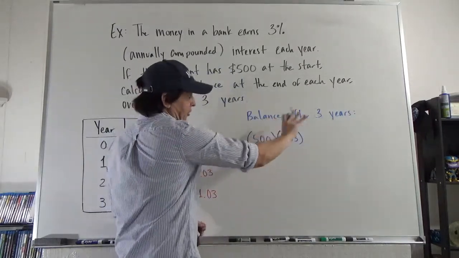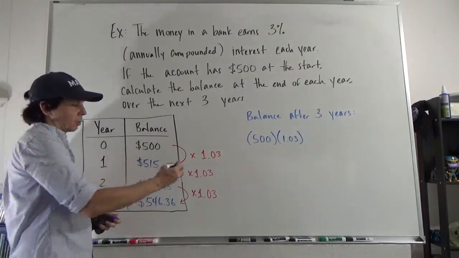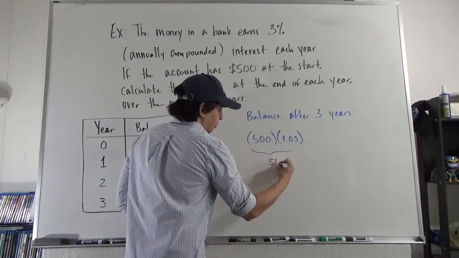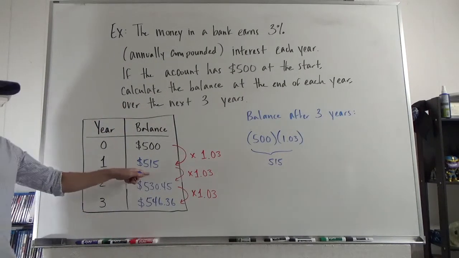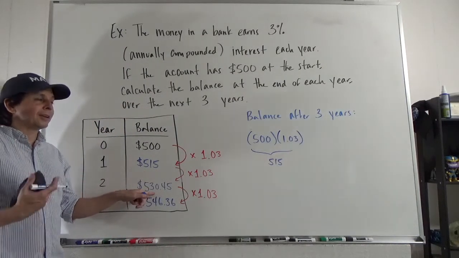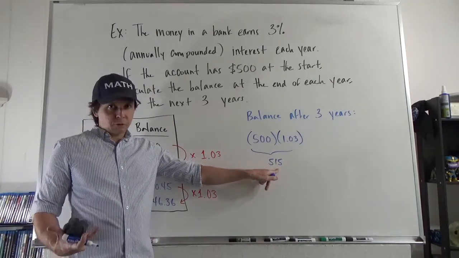That's not the balance after 3 years, that's the balance after 1 year. That right there would give me 515. Don't write this down because I'm going to erase it. That right there is a 515. End of the first year. Now to go from there to the second year, we multiplied by another 1.03. So I want to take that and multiply by another 1.03.